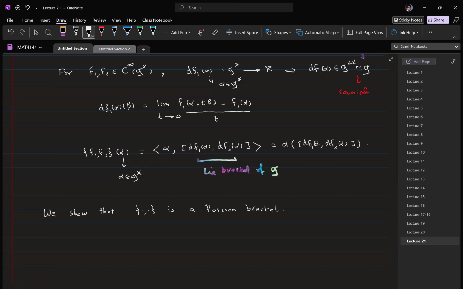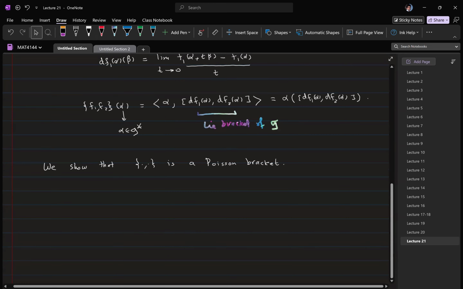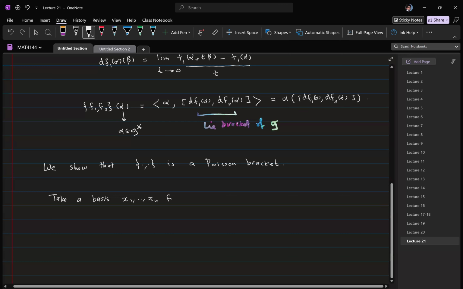So in order to do this, let's first compute an explicit formula for this bracket in some sense. So what we can do is we can try to use coordinates and write this bracket in coordinates. How do we do this? Well, we can take a basis for the Lie algebra and the basis for the dual. So we take a basis x1 to xn for G, and the dual basis c1 to cn for G star.